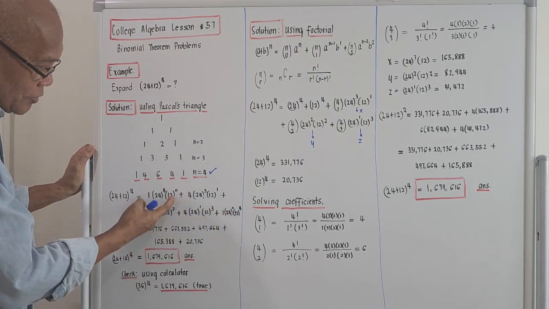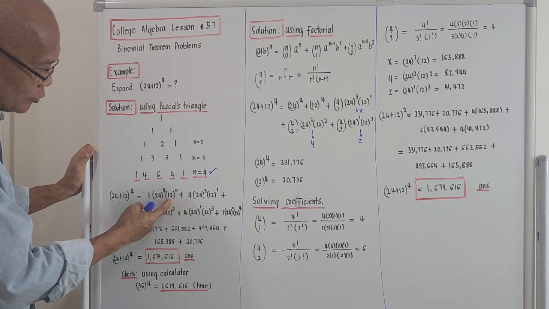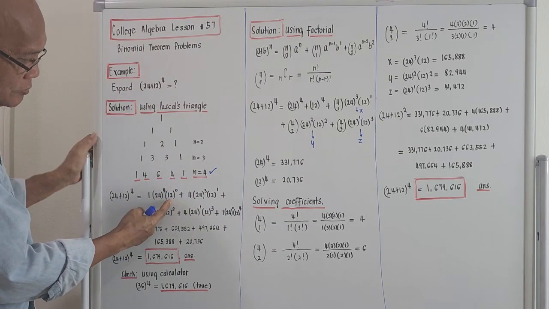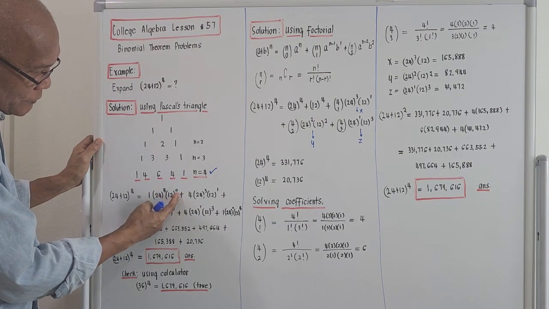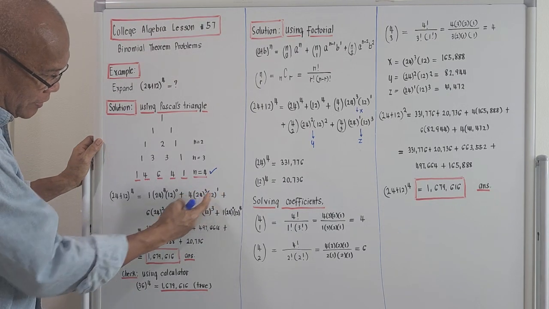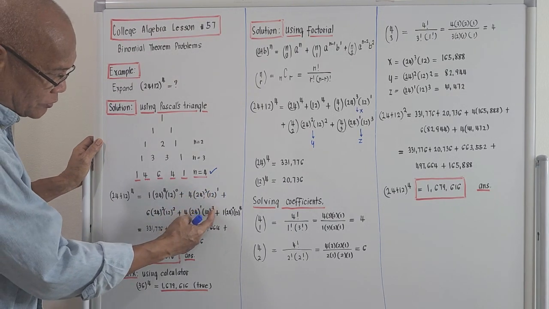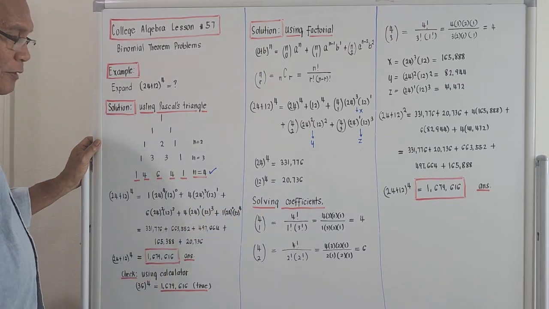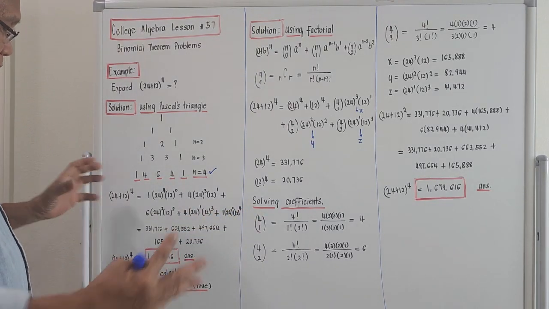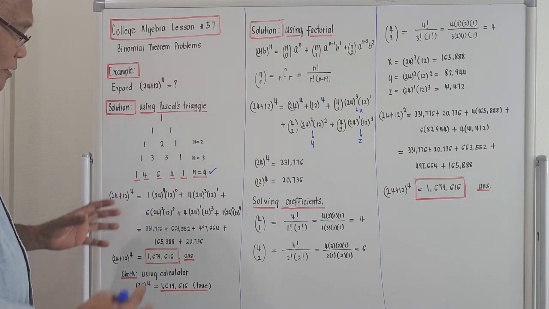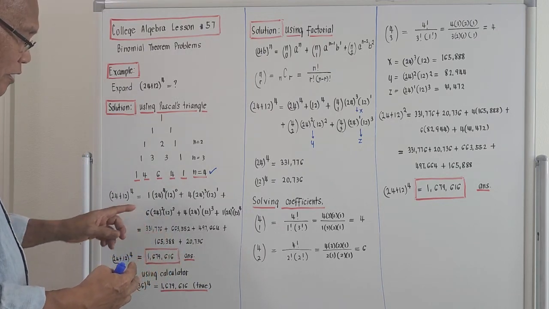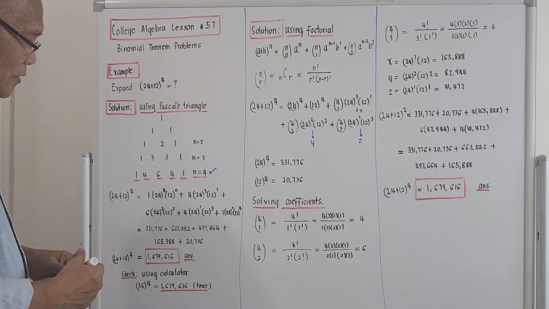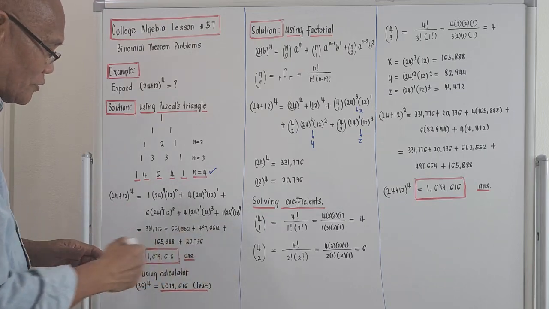For the second term, the exponent is in the ascending order, it will rise up. The second term is 12, right? So it will start with 0, then goes to 1, 2, 3, and the last one goes to 4. Okay? So after expanding the two terms, and we know the coefficients, we go to simplification.